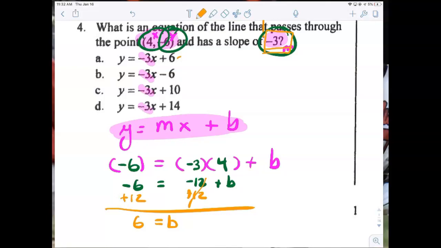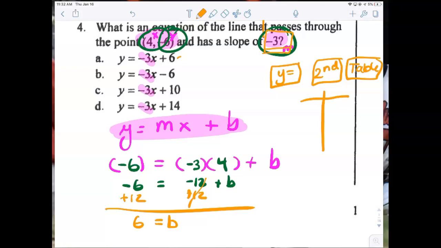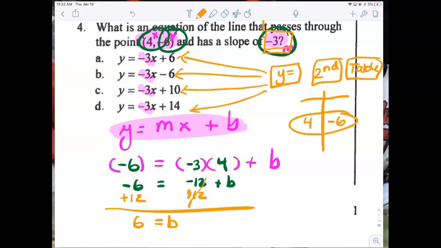But what you could then do is go to your y equals button on your graphing calculator and hit second graph, which will bring you to a table of points. You could take every one of these and plug it in to your y equals and see which one of these equations has the point (4, -6) in the table. And the only table that will have that is this A. So using your graphing calculator to check.